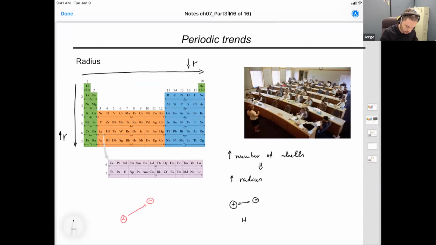And then moving to helium, we have now two positive charges, so the attraction can be stronger, and two electrons. However, these two electrons are in the same shell. So therefore, here the interaction is stronger, which shrinks the element.